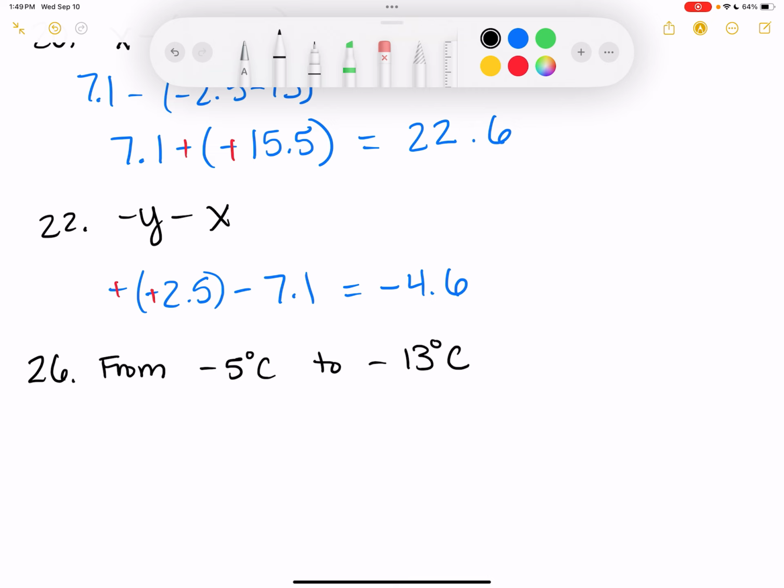It is a change of negative 8 degrees Celsius. To get from negative 5 to negative 13, we subtract 8. And so it's negative 8 degrees Celsius.